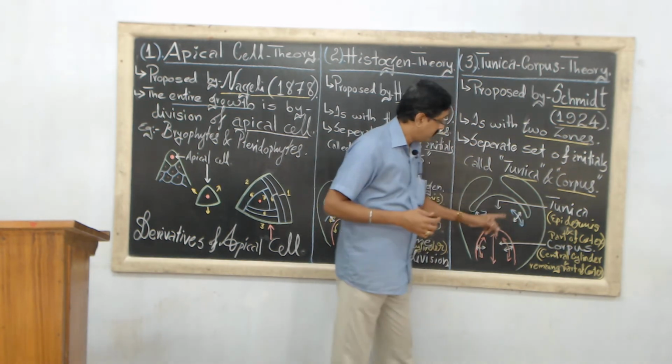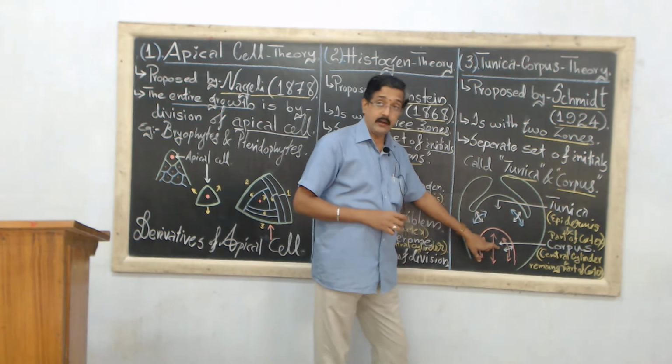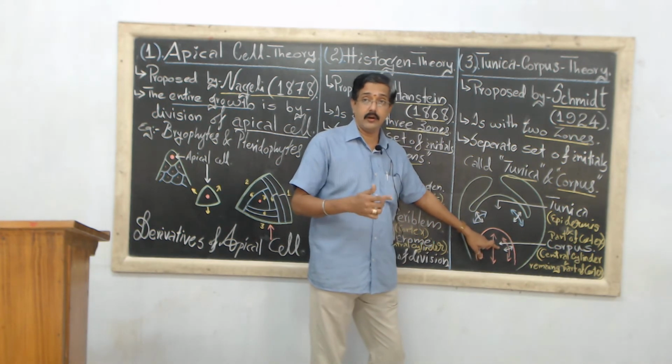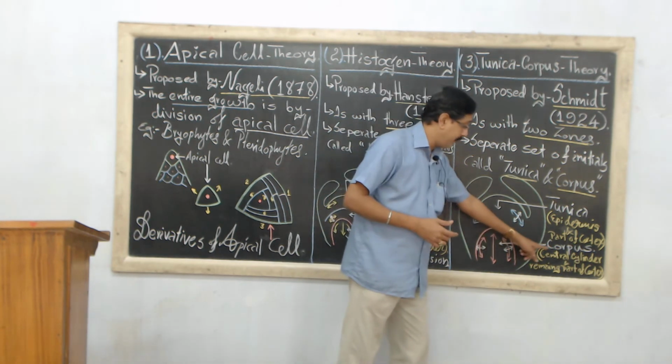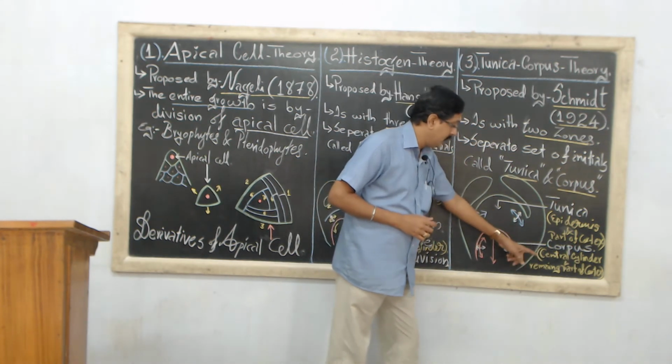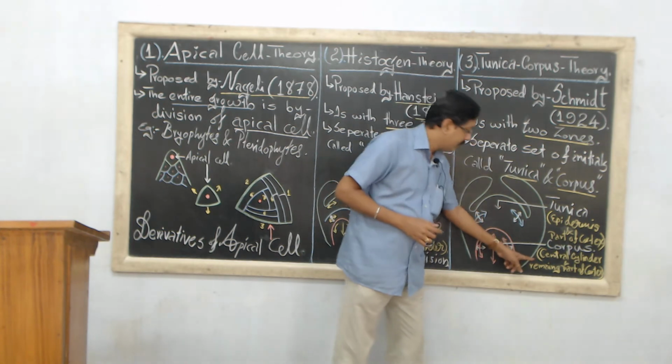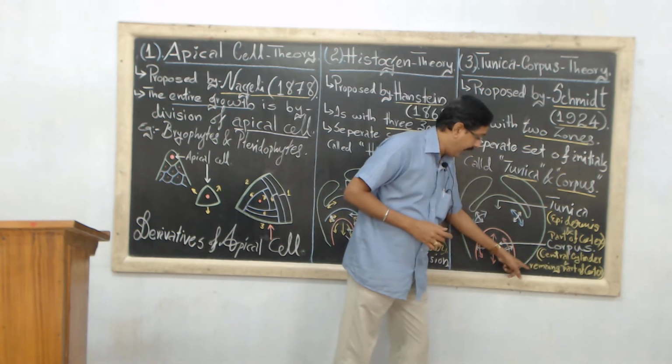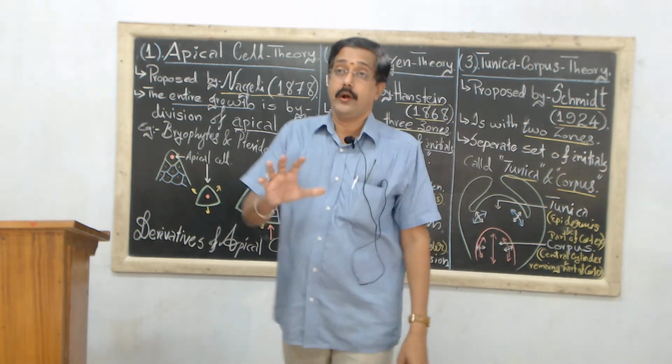The inner layer, the second set of initials, named the corpus, is concerned with the formation of the central cylinder and the remaining part of the cortex.